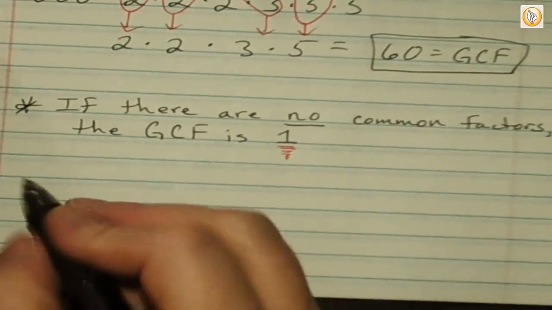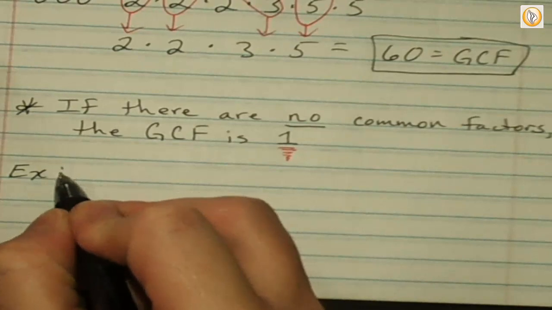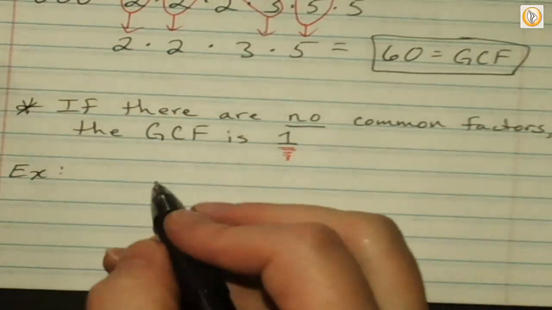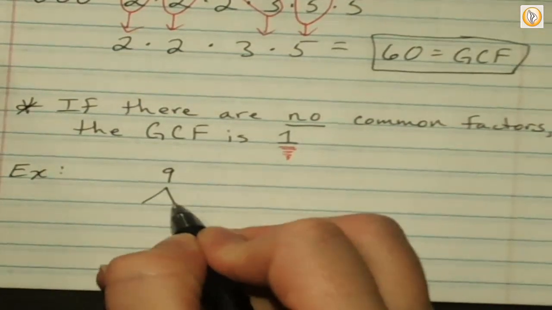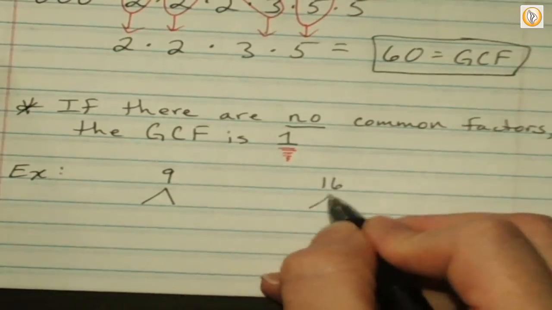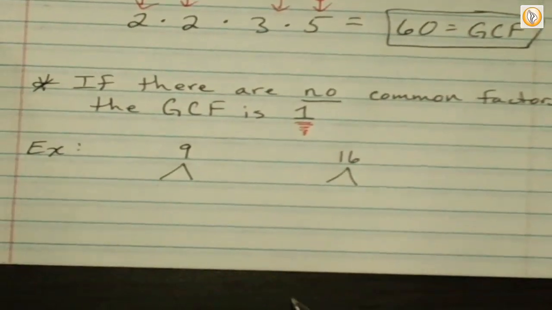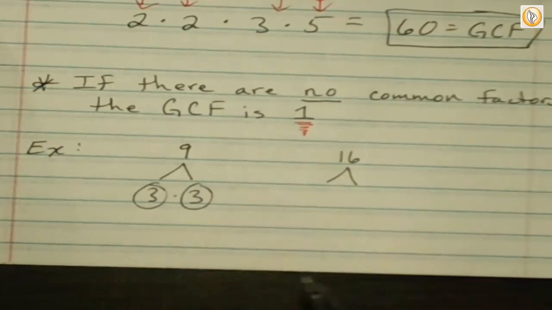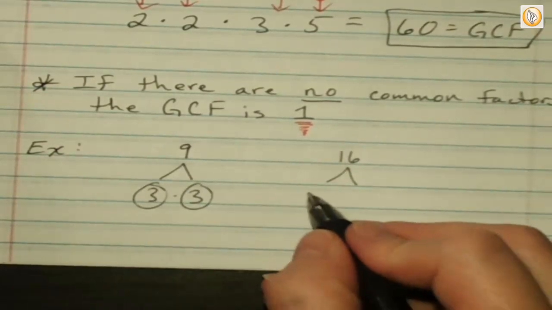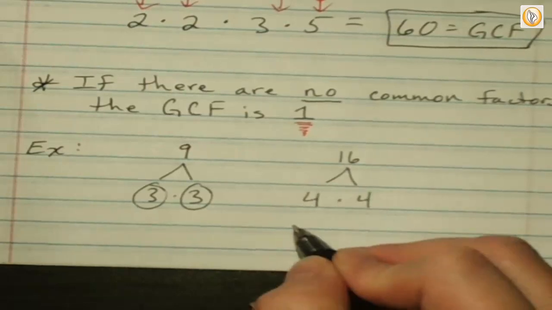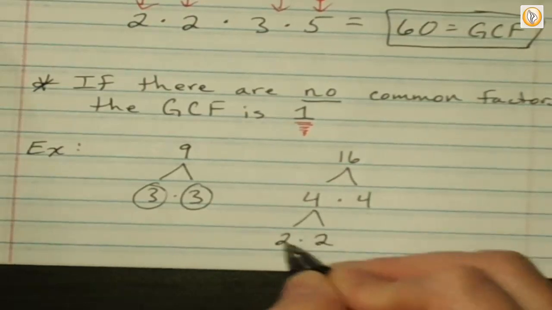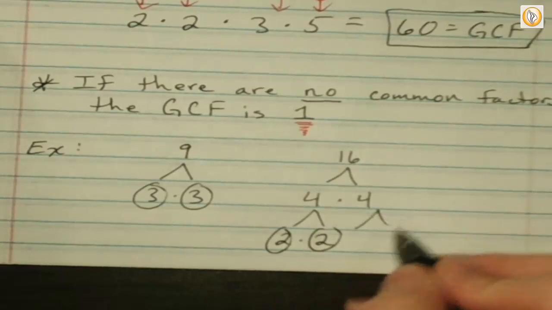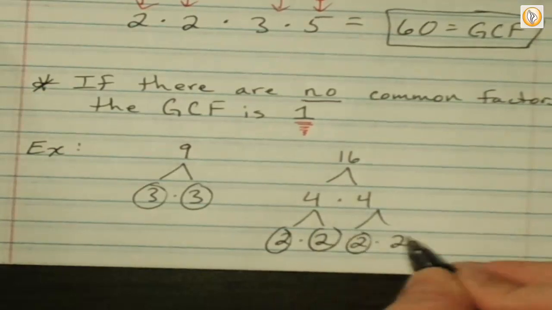Well, what if it's a negative number? We don't deal with negatives right here. So for example, let's do 9 and 16. 9 is 3 times 3, right? 16, we can do 4 times 4, which is 2 times 2 and 2 times 2.